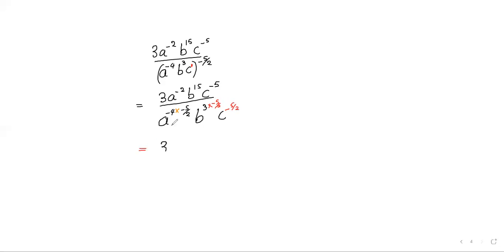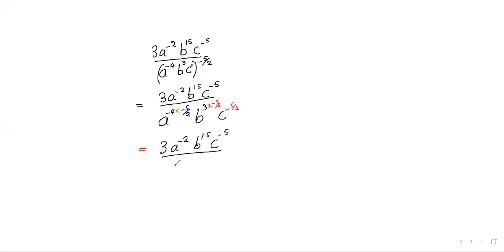3a b^15 c^-5, here 2 here once, 2 here twice.